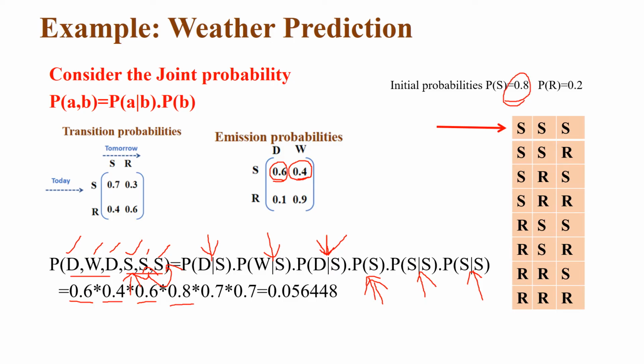Then the sunny to sunny transition probability from the transition matrix is 0.7, and again sunny to sunny is 0.7. When we find the product of all these values, the probability of dry, wet, dry for the sequence sunny, sunny, sunny is 0.056448.